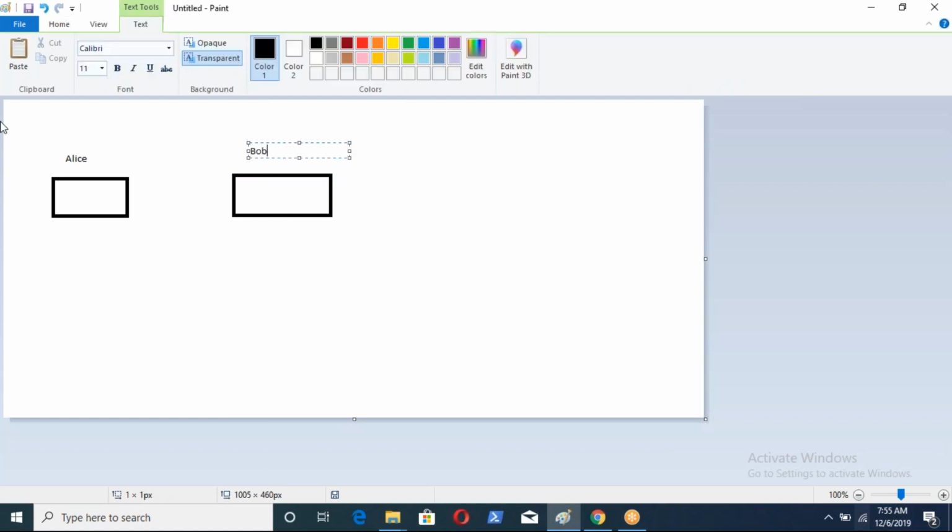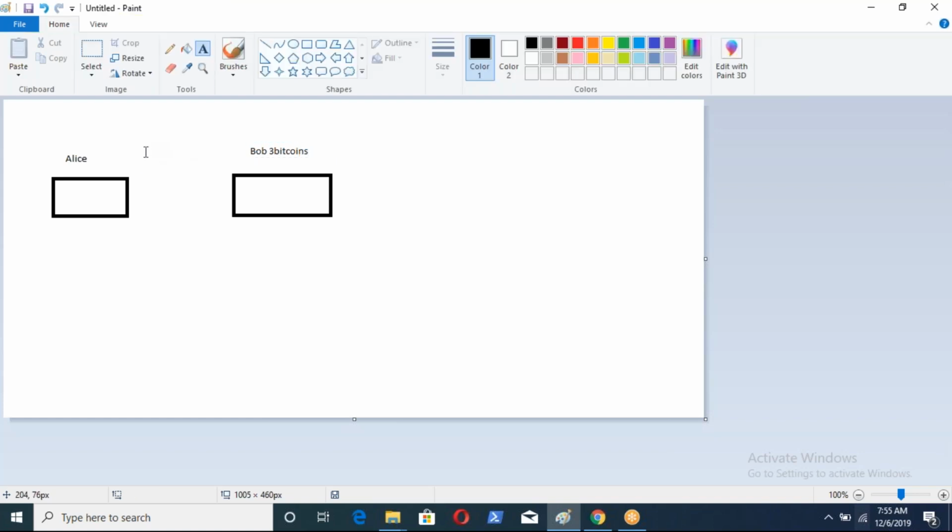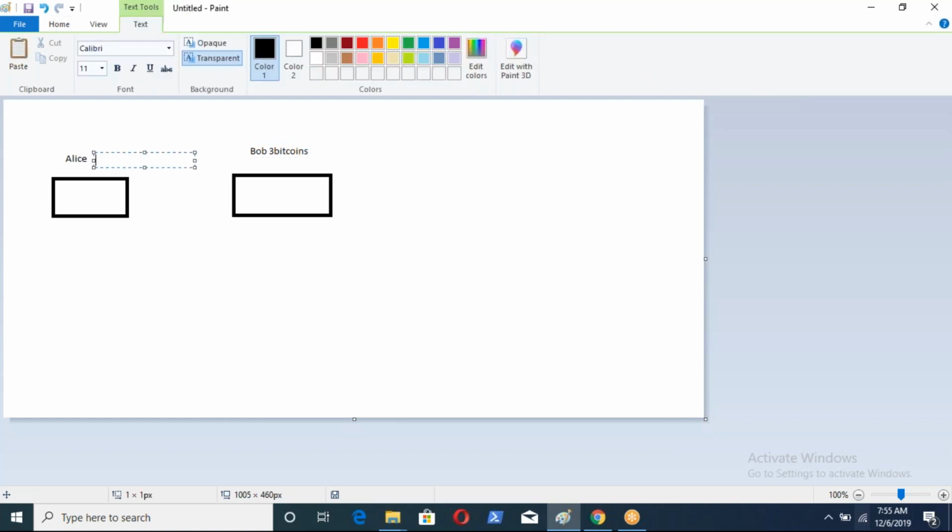Bob already has 3 Bitcoins, and Alice has 10 Bitcoins.